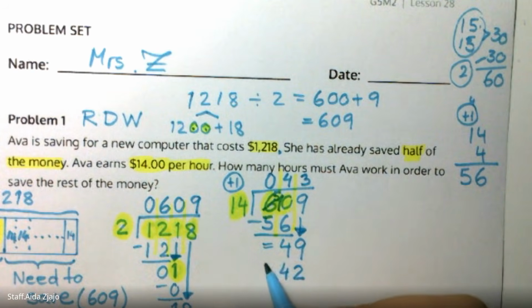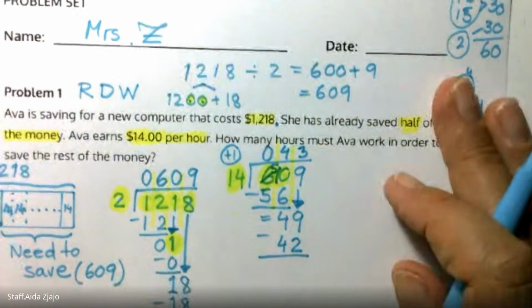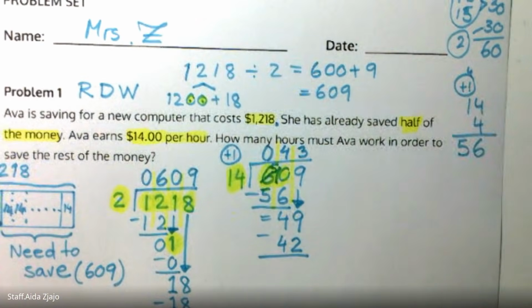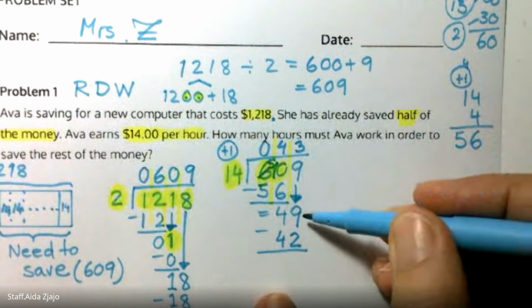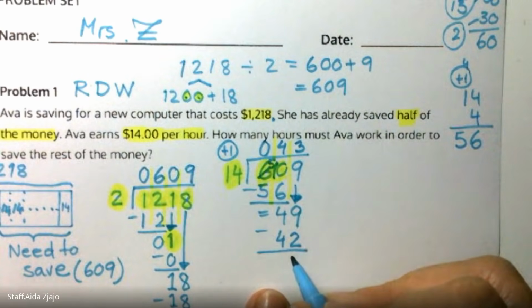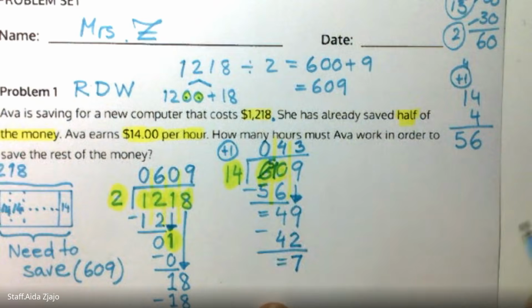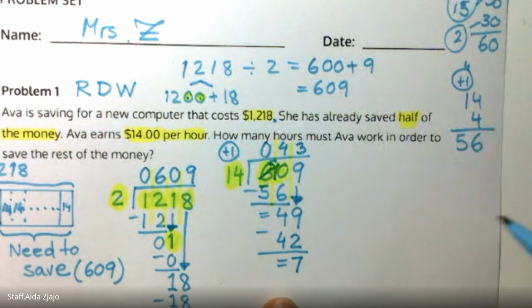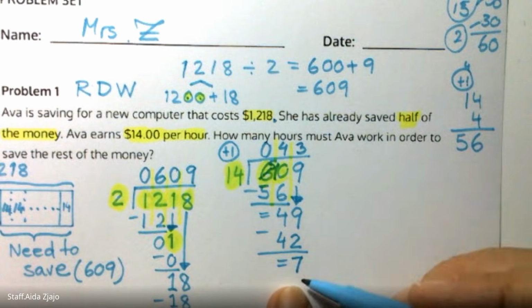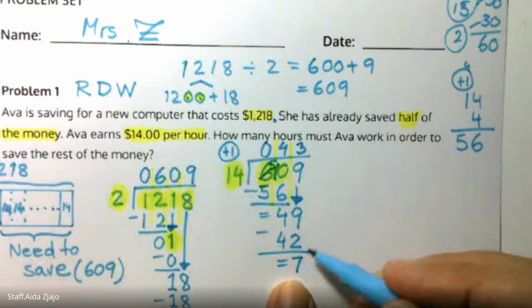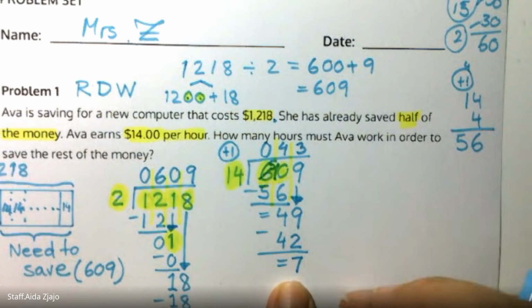All right, so the answer is 43, real answer, because here we did estimate by 15, rounded to 15. So 49 minus 42 is 7, so that is leftover of 7. And then we can look at this as remainder, and we can show remainder as a fraction.